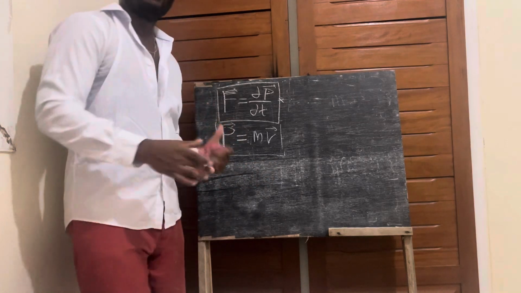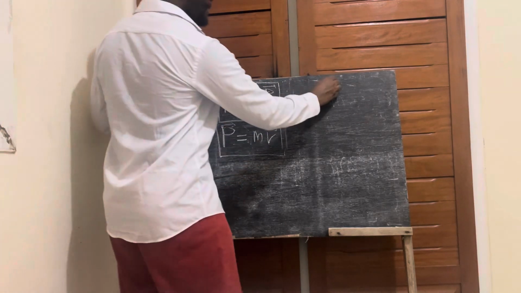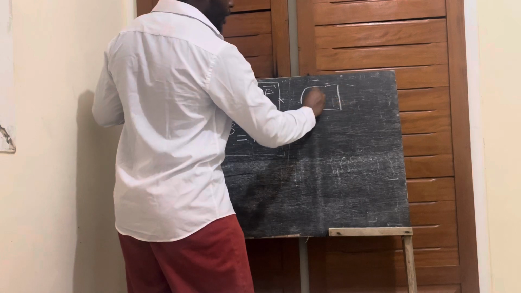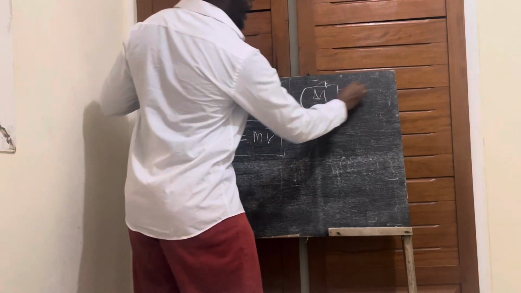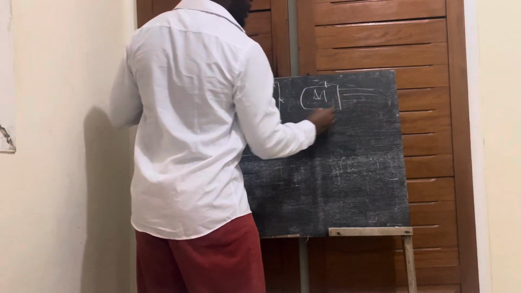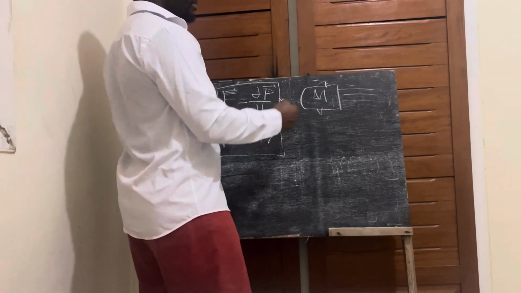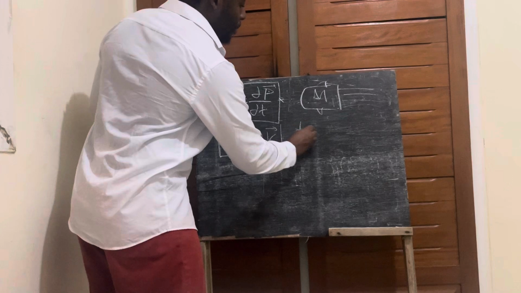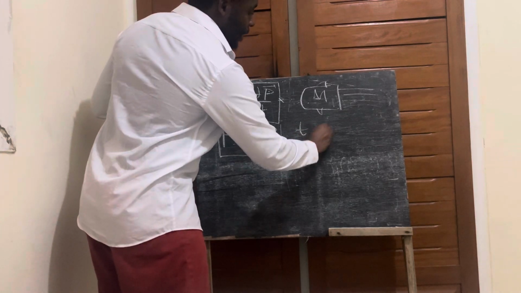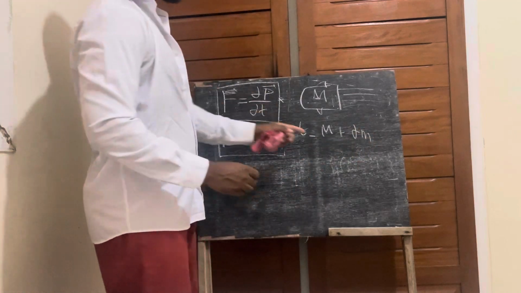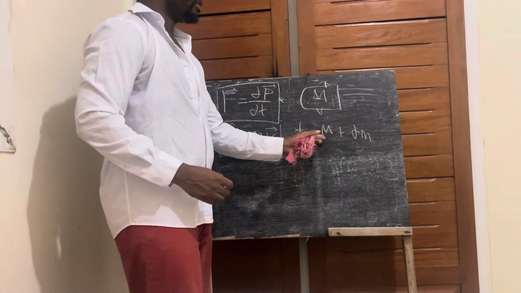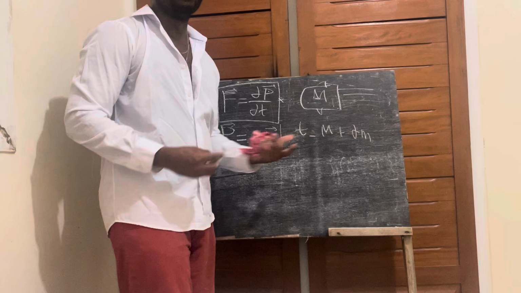Now let's look at rocket motion very quickly. Basically you have a rocket, and at time t the mass was m plus dm, the body of the rocket plus the fuel inside it.